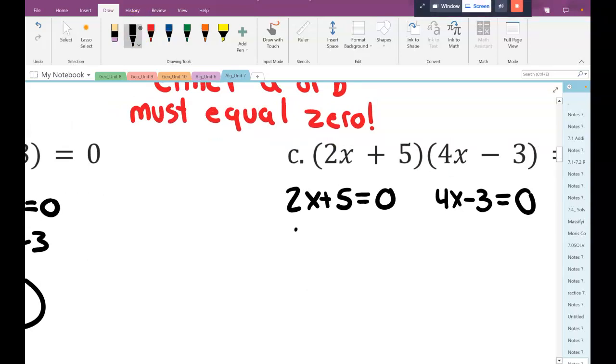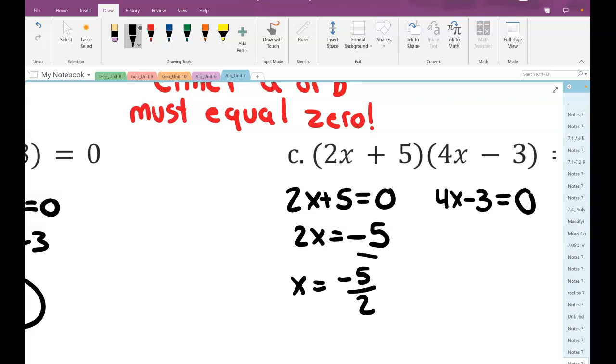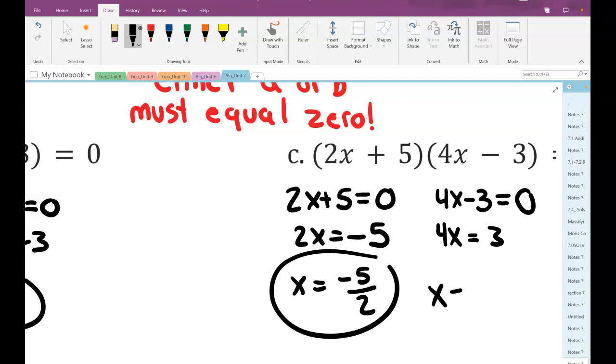So 2x is equal to negative 5. Then we divide by 2. So x could be equal to -5/2. You could leave that as a fraction or a decimal. For the other one, we would add 3 to both sides and then divide by 4. So x is equal to 3/4.